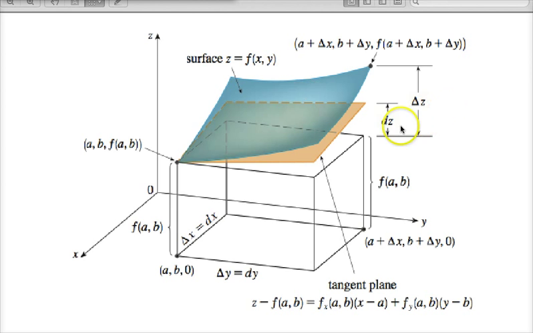And that differential is going to tell us our very small change in z. So basically the instantaneous change in z at that point, right? This is obviously blown up a little bit.